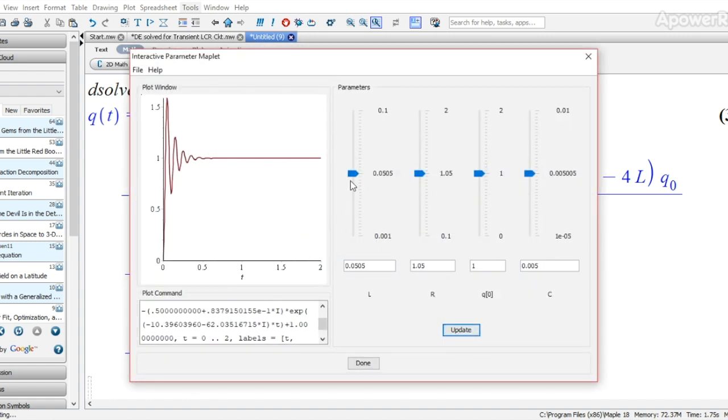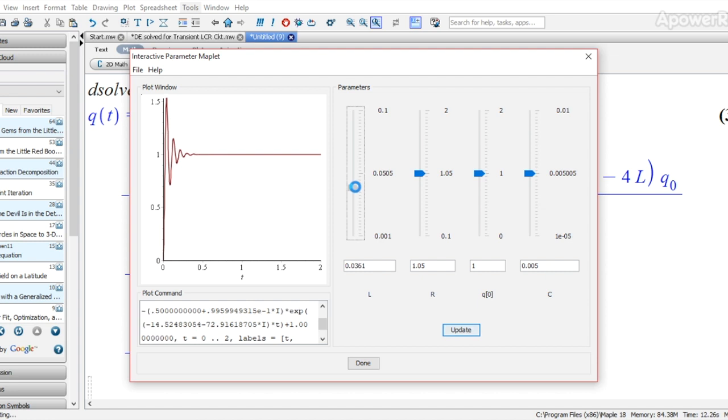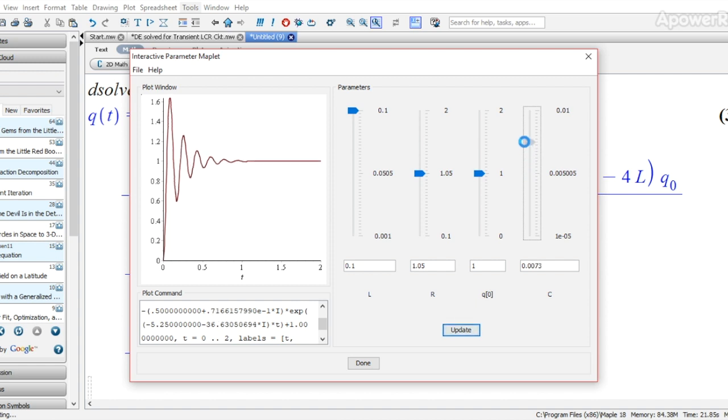Now if you change L, see in this differential equation we can change the parameters. If we change L, up to 2 seconds the saturation level is attained, and the fluctuations that are coming up, that depends on L. Similarly, if we change C, we can see a visual effect of how the transient current in the circuit will settle.